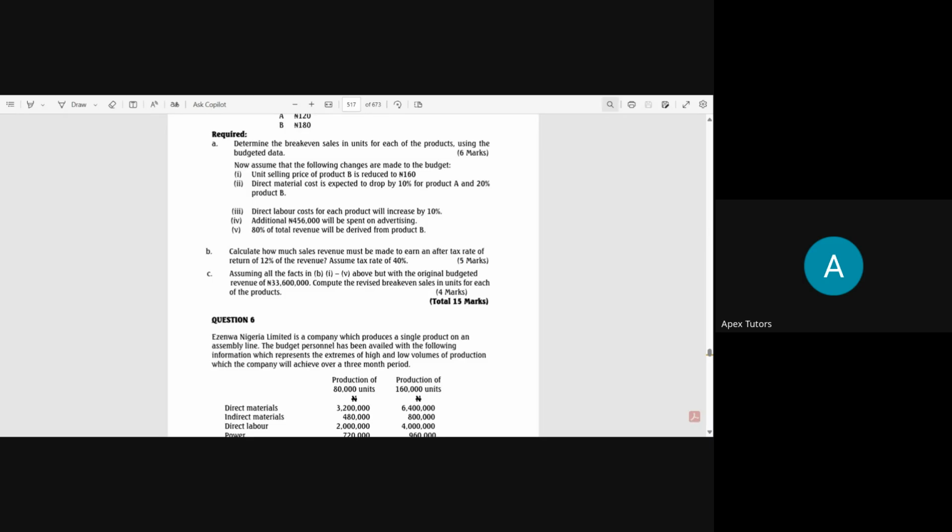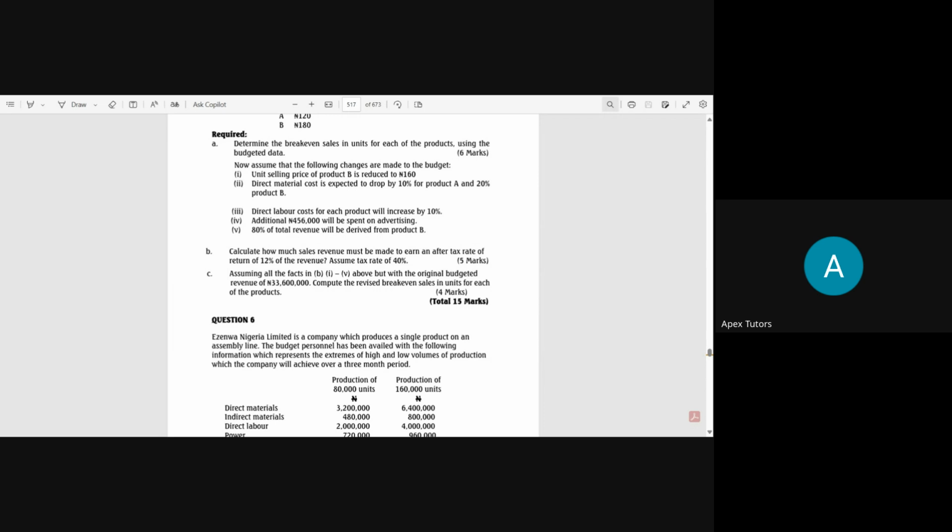So you less 224 from 2,240, and you should have 2,016. Take note, that is still in terms of money, in terms of the budget. To get it based on unit, it will be 2,016 divided by 70. Then you get the direct material cost for product A for 1 unit.